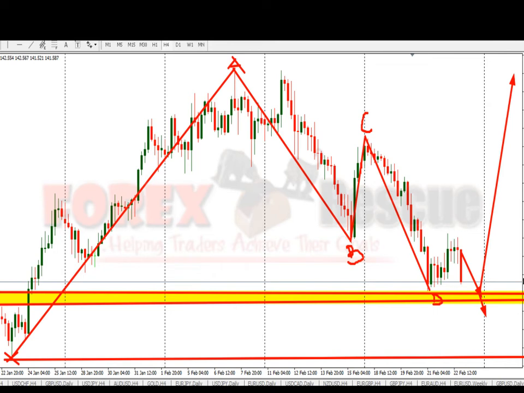But as it stands, our focus is on this potential reversal zone at point D, and once price gets to this area, or we see any price action setup, we'll be looking to buy on market resumption.